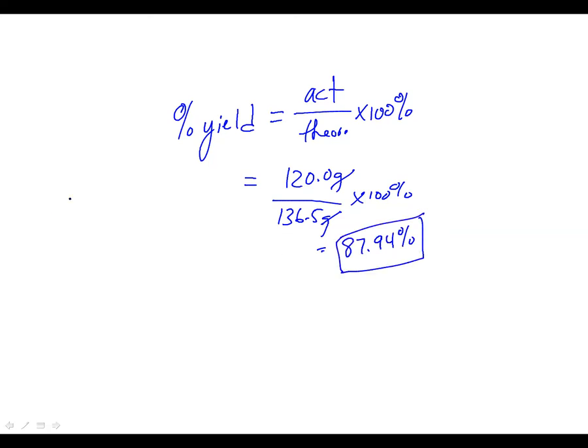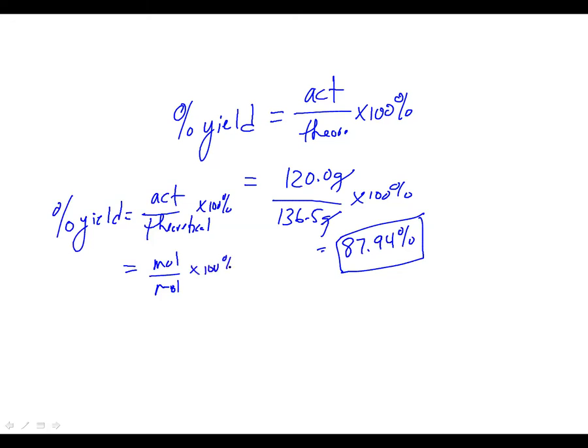Now, when you do calculate percent yield, your actual and your theoretical times 100%, the units can really be anything as long as they're the same. So you could technically do moles divided by moles times 100, or like we just did there, grams over grams times 100.